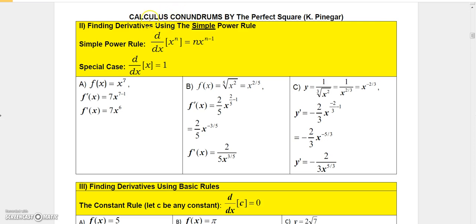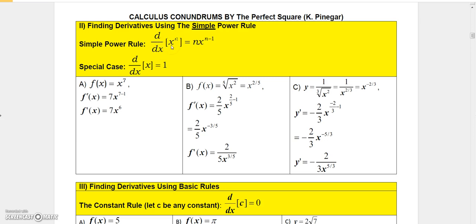Okay, so now the first rule I'm going to show you is called the simple power rule. The reason we call it the simple power rule is because there's another rule that comes later that's called the general power rule. But the simple power rule is just if you want to take the derivative of some independent variable that's raised to a power with respect to itself.